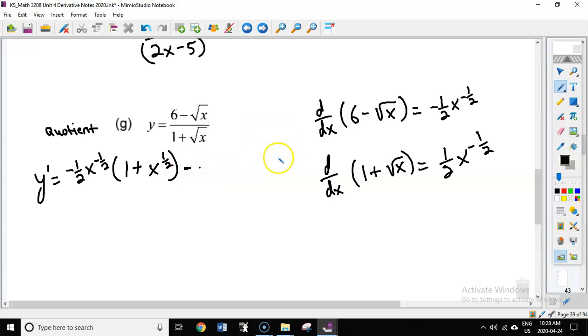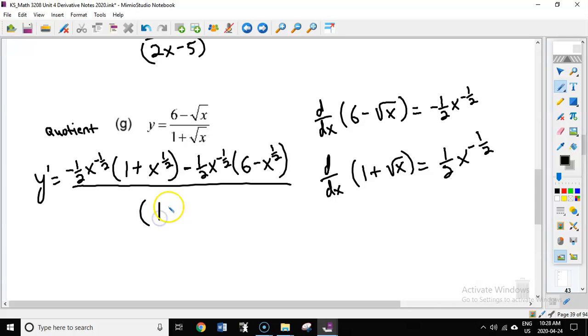Minus the derivative of the denominator, so we got 1/2 x to the negative half times the numerator, 6 minus root x. So that one's set up. Then that's all over (1 plus root x) squared. And again, there's not much we can do with that.